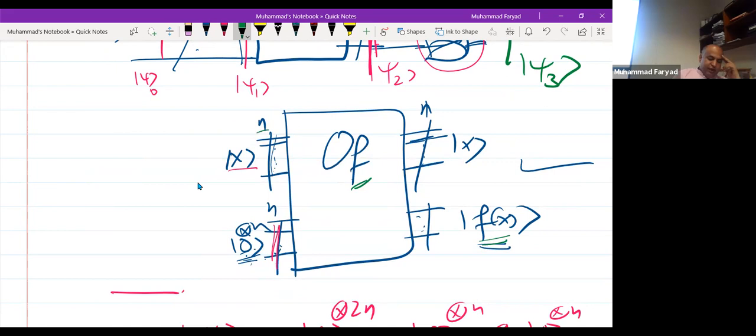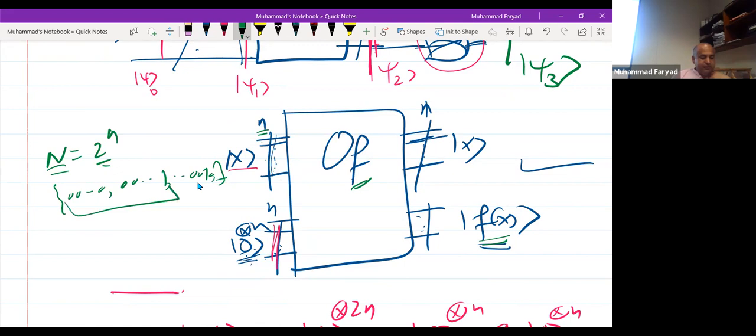If this is n bits, there are capital N possible inputs, like 0 0 0, 0 0 1, 0 1 0, and so on. You will have to give at least half of them, at least N by 2, before you can see for sure, in the worst case, whether this is a 2-to-1 or 1-to-1 function.